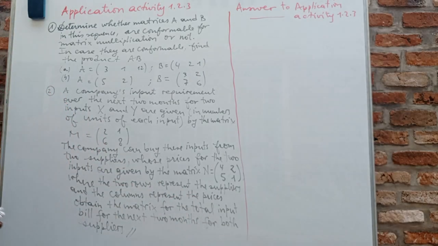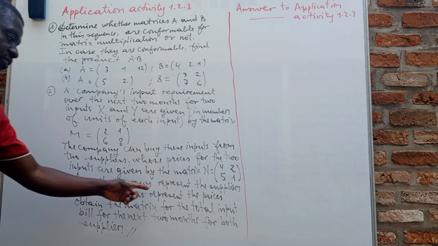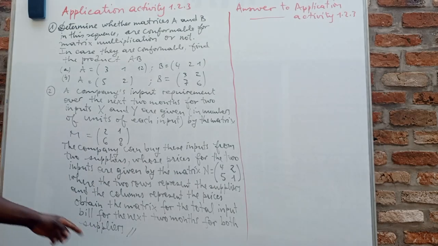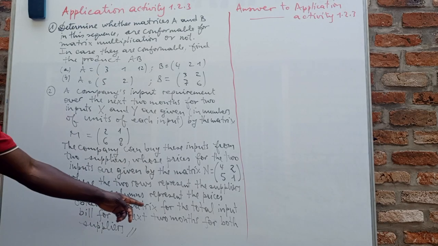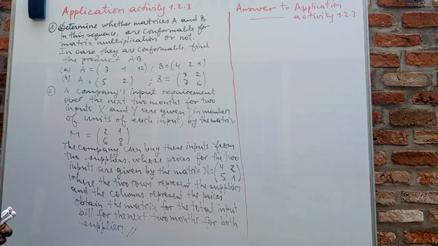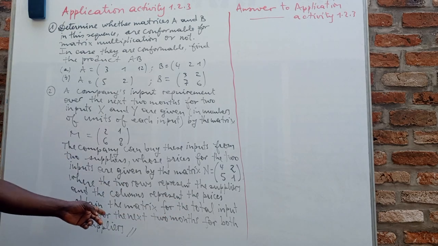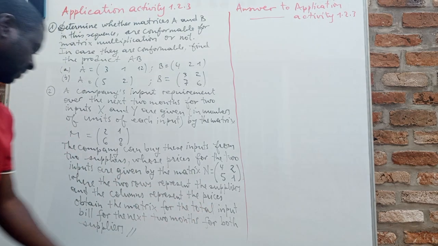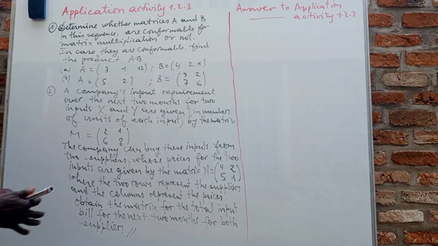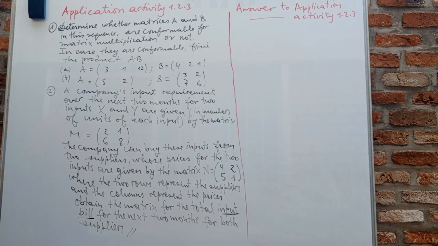First column is 4, 5, second column 2, 1, where the two rows represent the suppliers and the columns represent the prices. So now, obtain the matrix for the total input for the next 2 months for both suppliers.